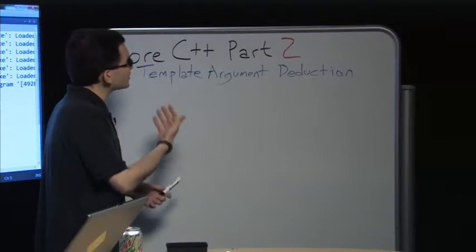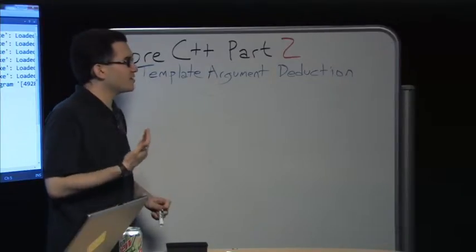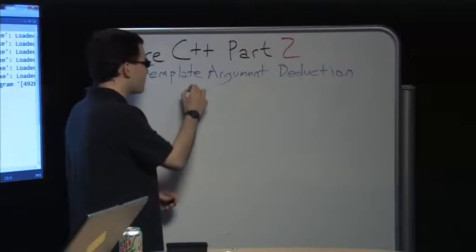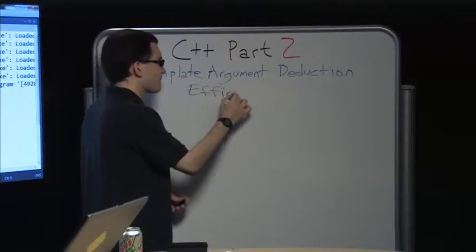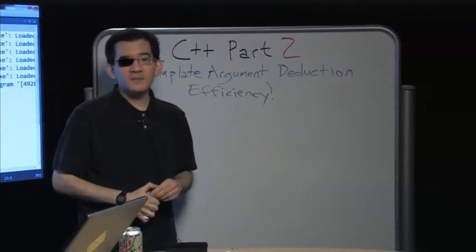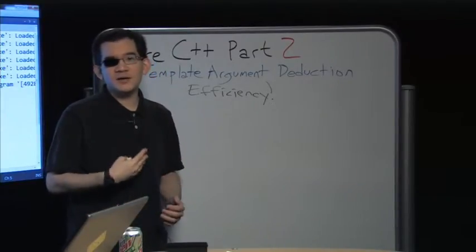So why does the core language have template argument deduction? Well, it enables a bunch of cool things. It's for efficiency. That enables you to write code which works at compile time.